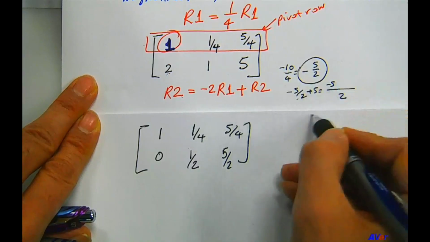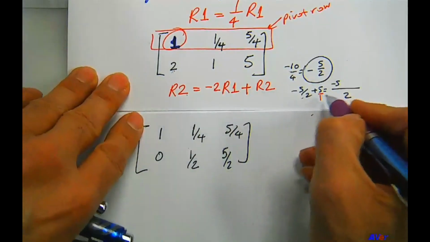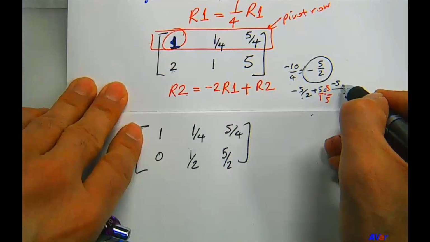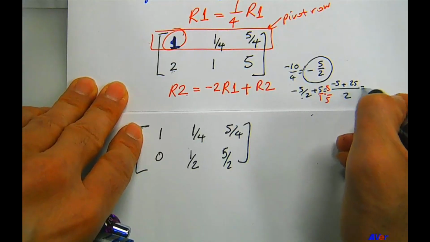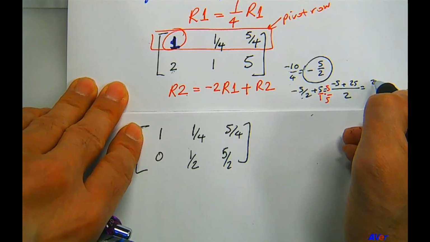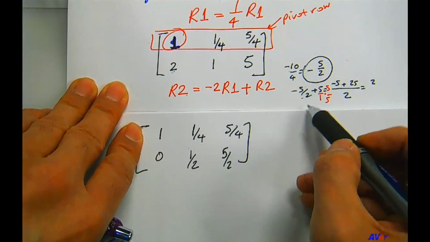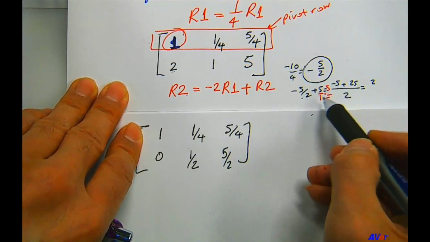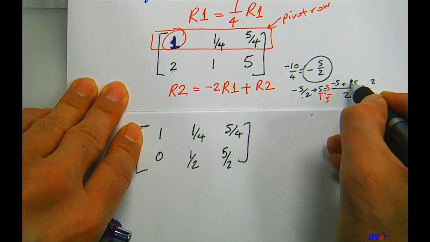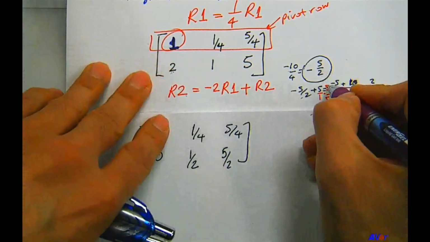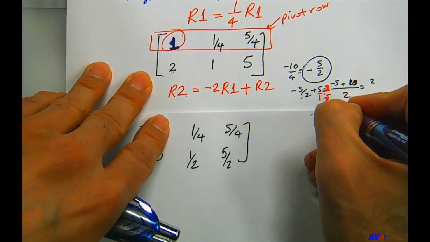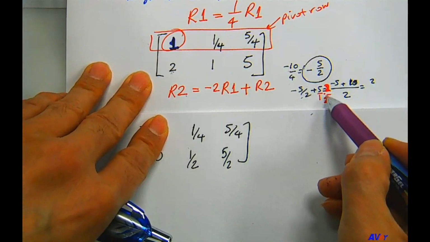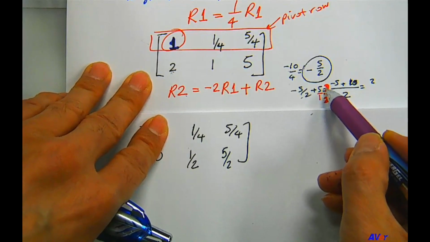So then we have negative 5, and the 5 here has denominator 1, so we have to multiply it by 2 over 2, which gives 10 over 2.